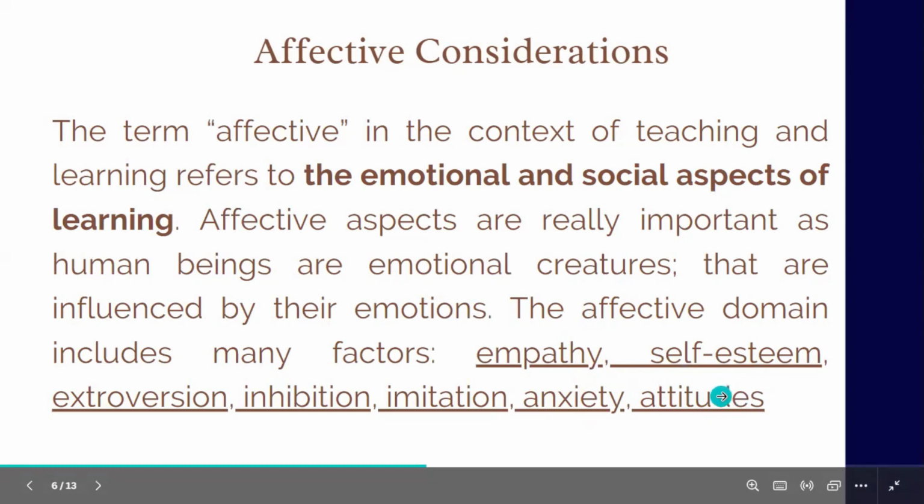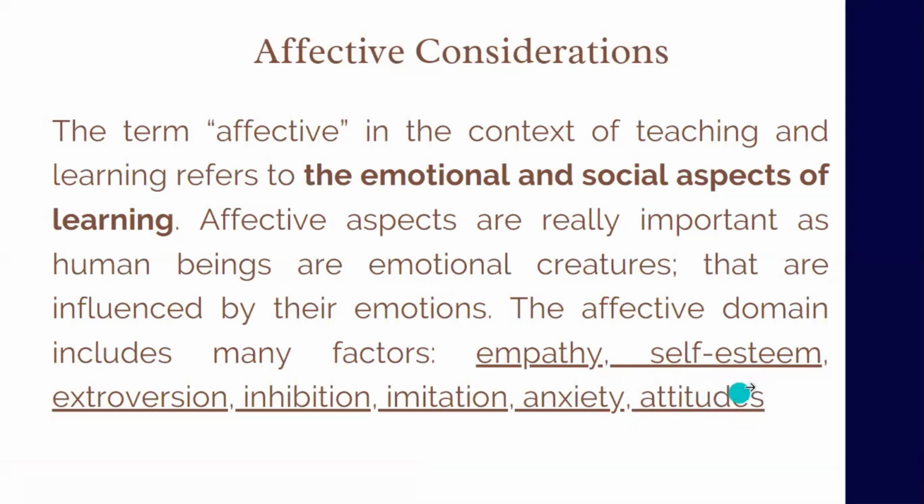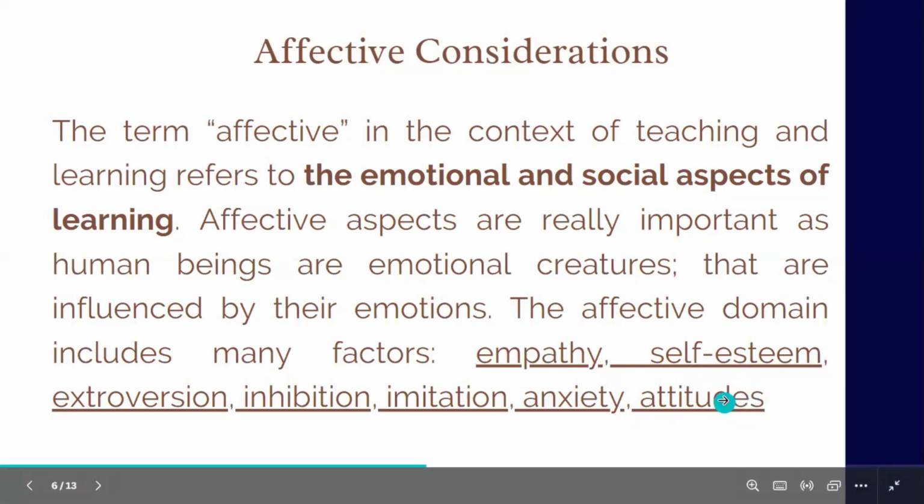Students might start with low self-esteem, but the more they grow up, the more experience they get, they become much more confident in themselves and thus have higher self-esteem. And these affective aspects really affect the learning of a second language, especially English, because humans are emotional creatures.